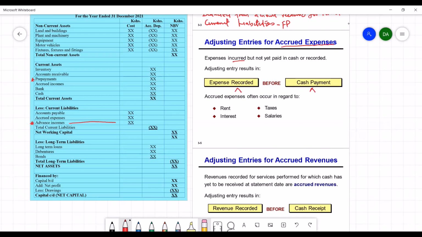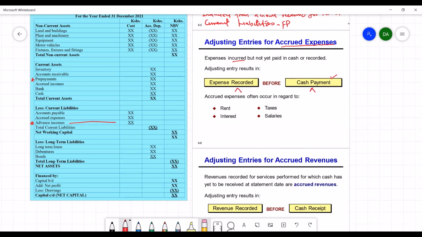Usually, since we have incurred expense and therefore we are owing cash to another person, or we are owing services to another person, that is an obligation, and therefore accrued expenses are liabilities in the statement of profit or loss.